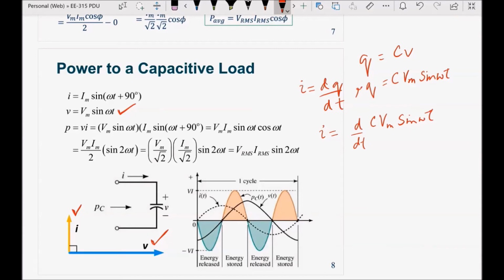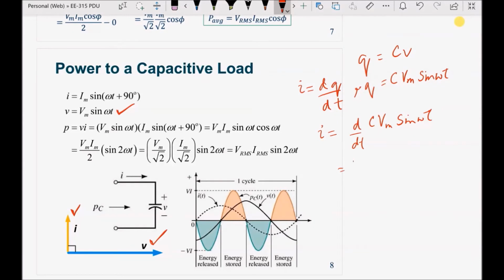Which can also be written as, if we take the differential, omega C Vm cos omega t, or in the form of sine, it can simply be written as omega C Vm sin omega t plus 90. Okay, that is simple mathematics.